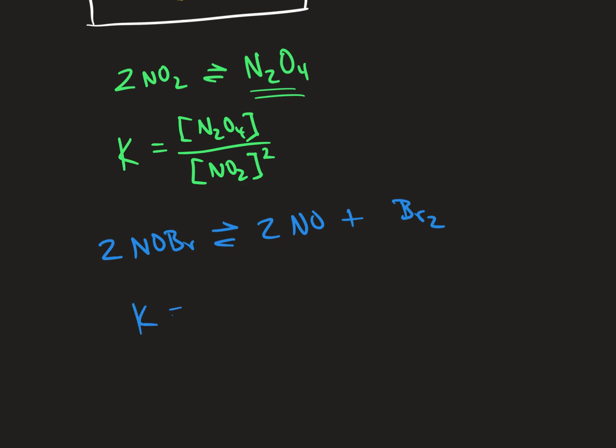So K is equal to, again, we start with the products, the concentration of the first product, which is NO, raised to the second power because of that coefficient. You with me? Multiplied by the concentration of the second product. In this case, the coefficient is 1, so we don't need an exponent. Divided by the concentration of our reactants. In this case, there's only one reactant, raised to the second power because of that coefficient. Make sense?